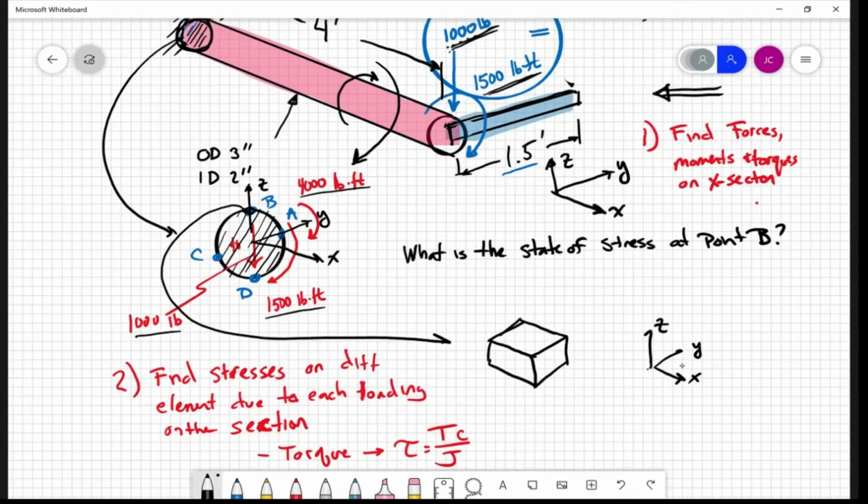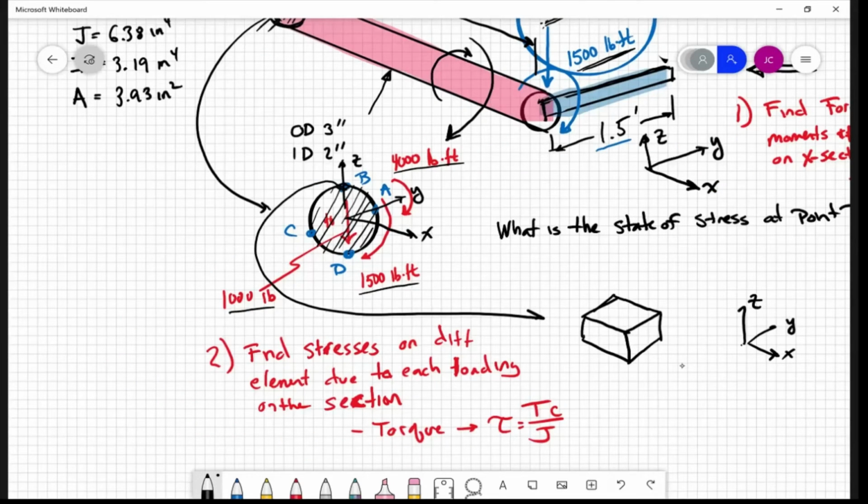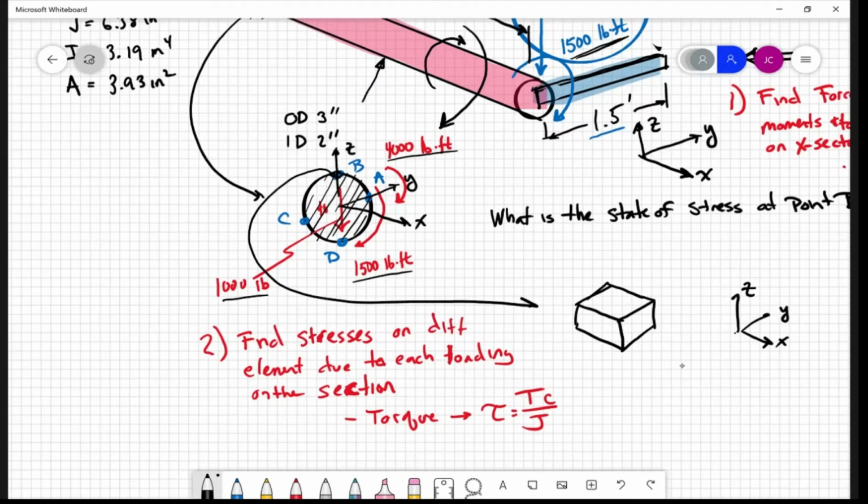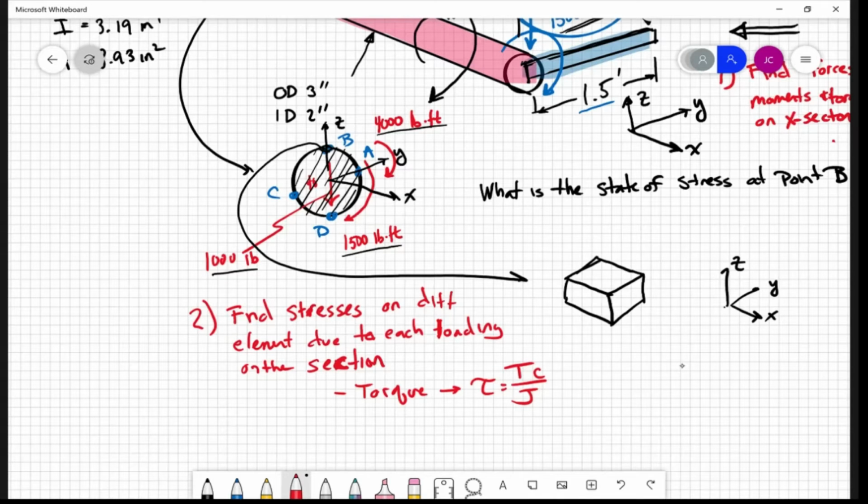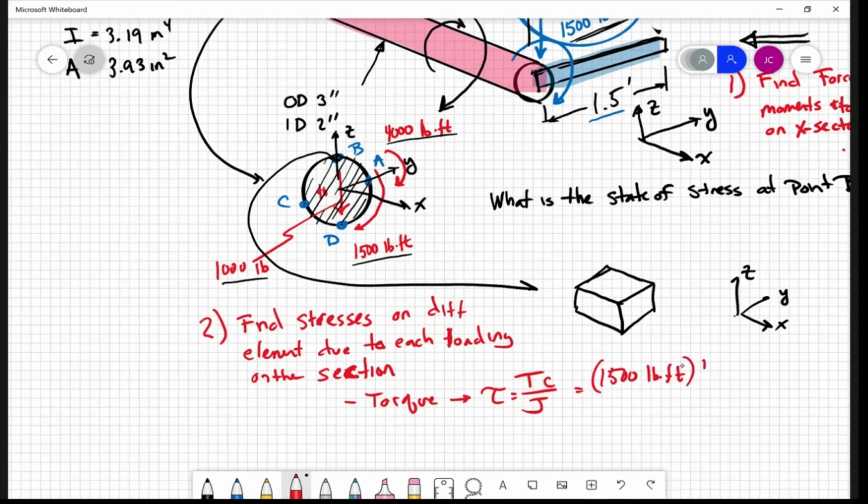All right. So we know the torque is going to be the 1,500 pound-feet. We know C is the radius, the outer radius, so that's 1.5 inches. So this is going to equal 1,500 pound-feet, and let's convert that into inches, so there's 12 inches per foot.